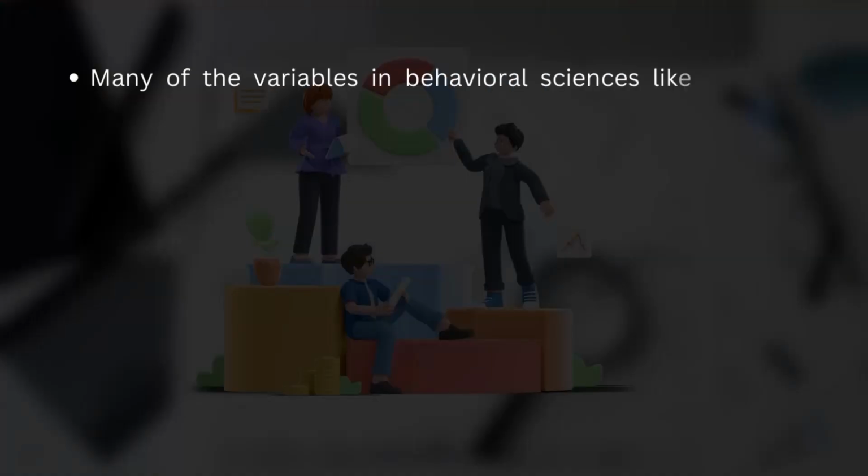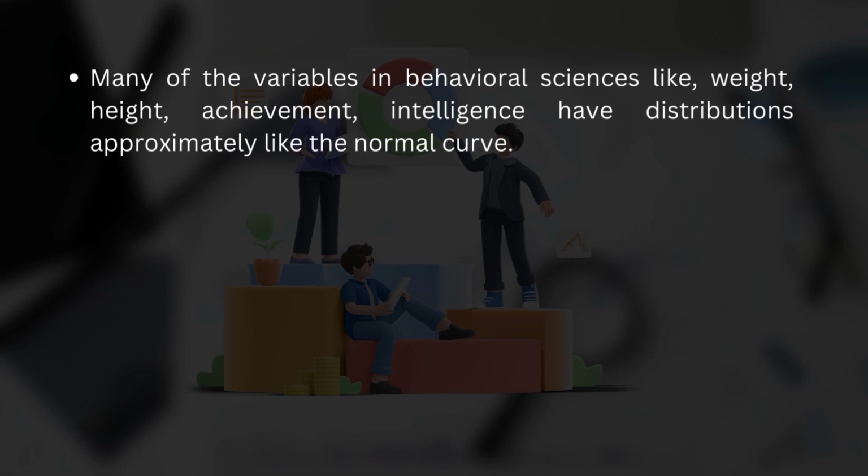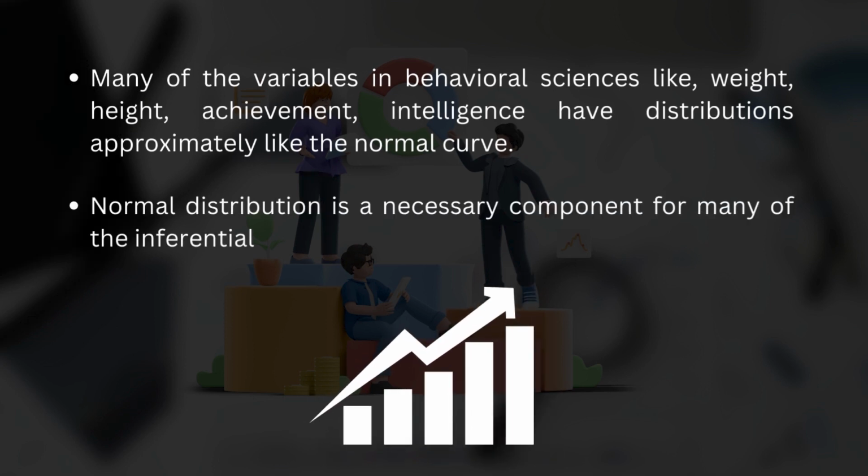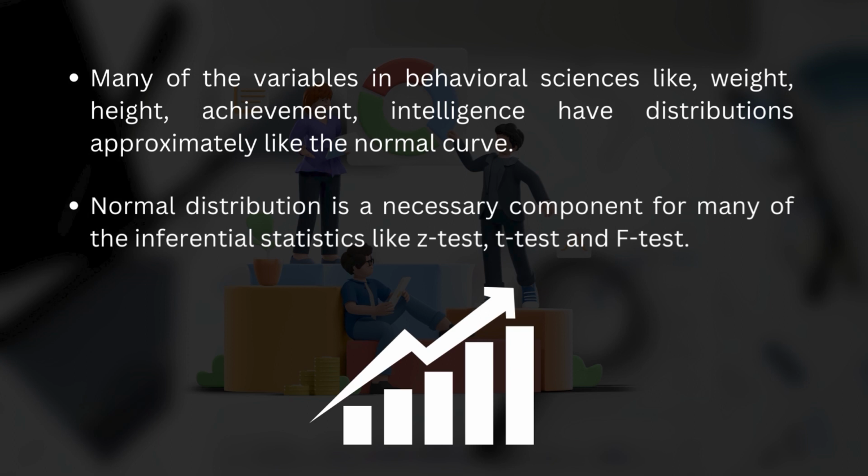Not only that, many of the variables in behavioral sciences like weight, height, achievement, intelligence have distributions approximately like the normal curve. Normal distribution is a necessary component for many inferential statistics like Z-test, T-test and F-test. So, there are many more applications, many more functions of normal probability curve.